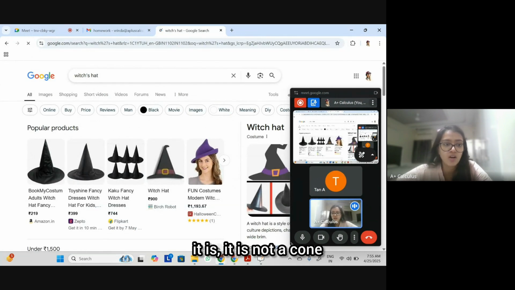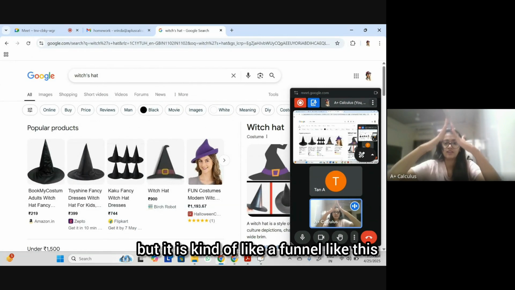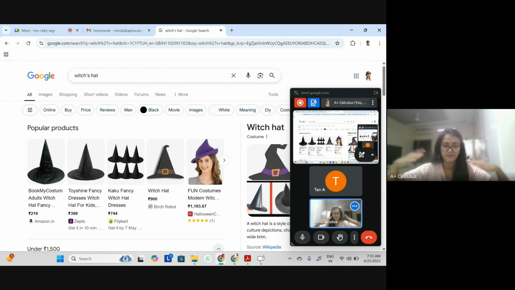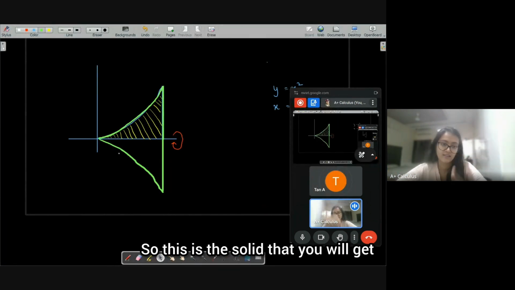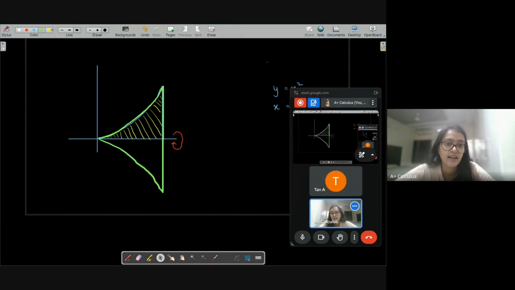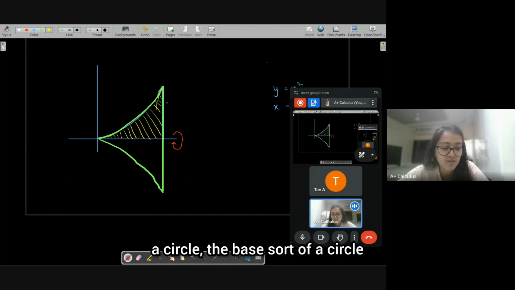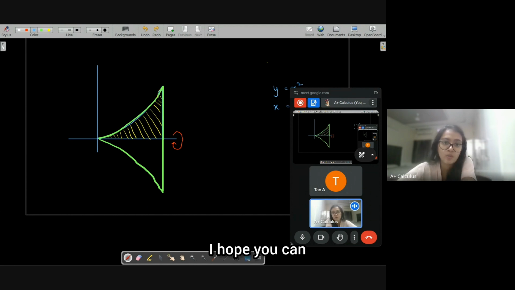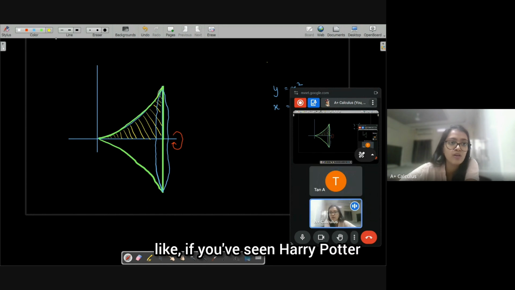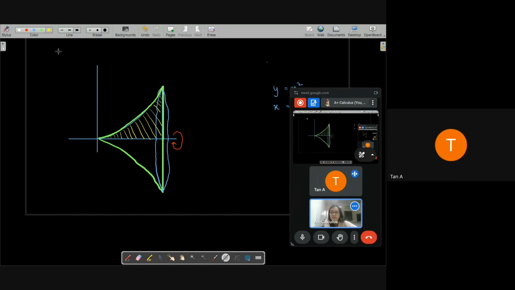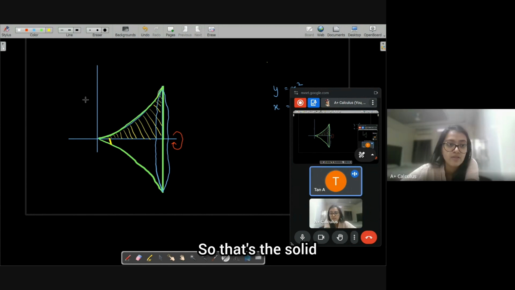It is not a cone, but it is kind of like a funnel like this. So this is the solid that you will get, and there will be a circle at the base. I hope you can visualize that as well. Like, if you've seen Harry Potter, the sorting hat. Okay, so that's the solid.